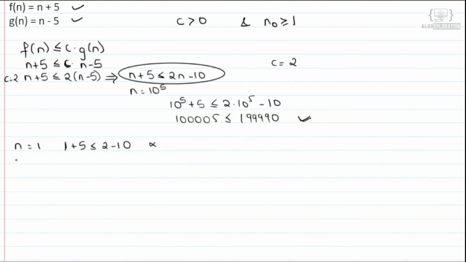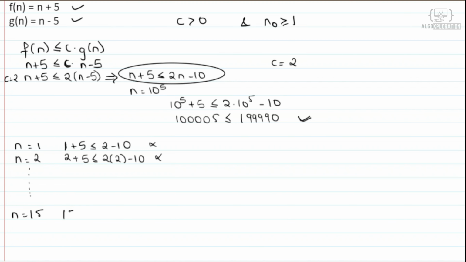This will be wrong. n as 2. 2 plus 5 is less than or equal to 2 into 2 minus 10. Again false.